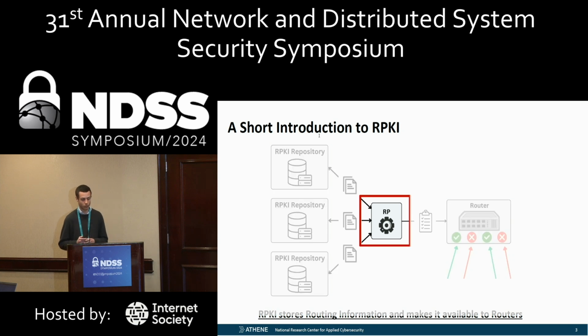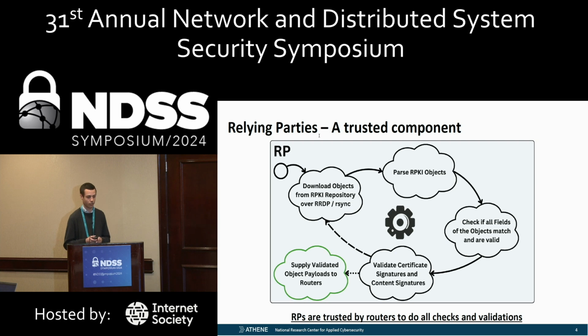Let's take a deeper look into these relying party clients, this software component. RPs are, as I said, installed in a system to enable using RPKI information. The RPs interact with the RPKI by first going to a set of hard-coded root repositories and downloading all the RPKI objects in these repositories. They then parse these objects and check the fields within the objects for their validity.